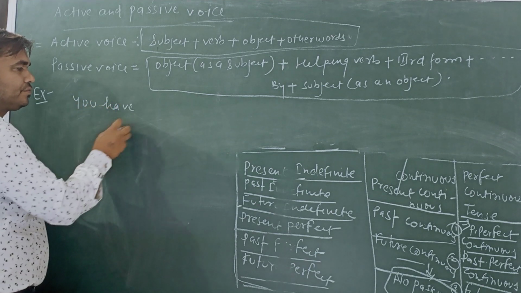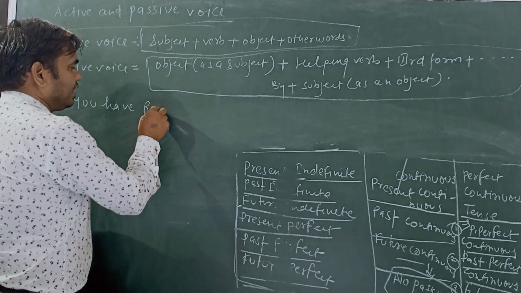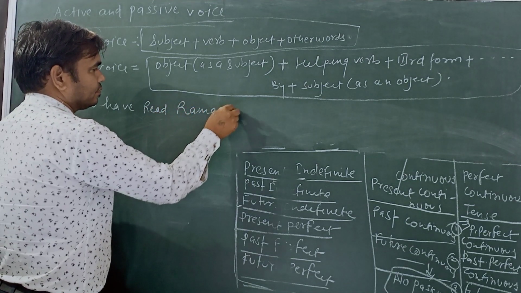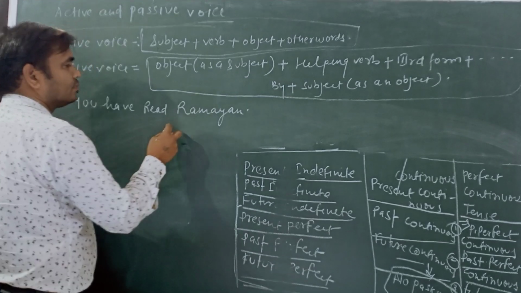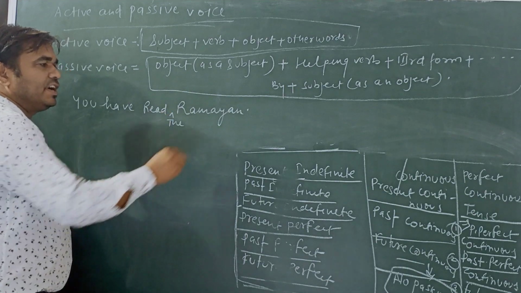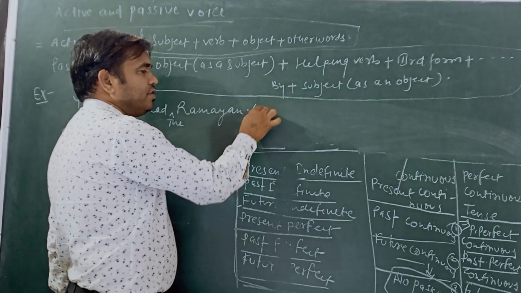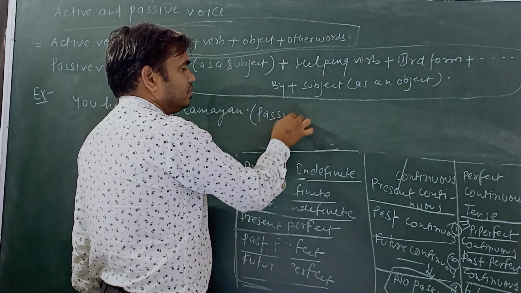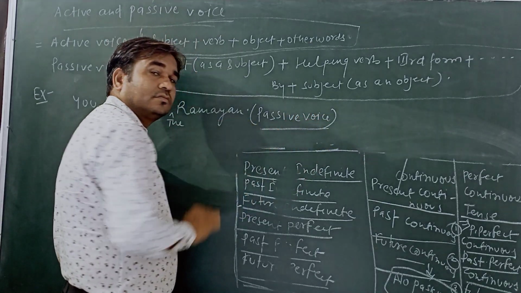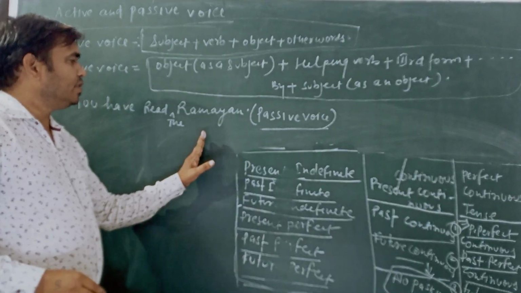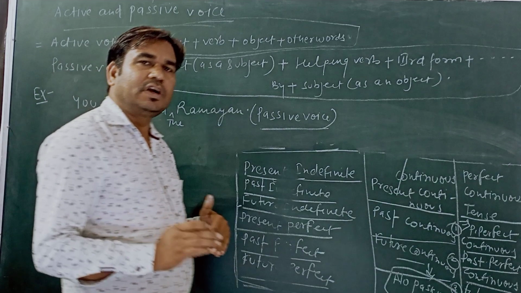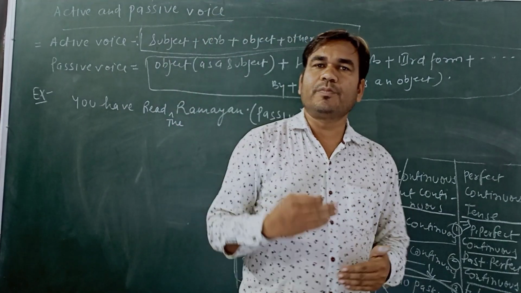You have read the Ramayana, and here you have to convert this sentence into passive voice. So students, this is given in active voice, and we have to convert this sentence into passive voice.